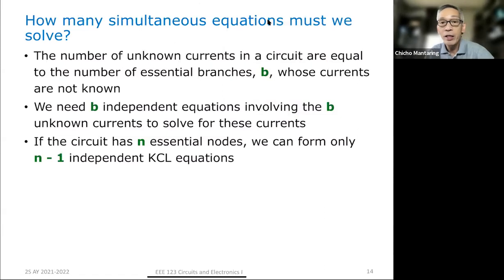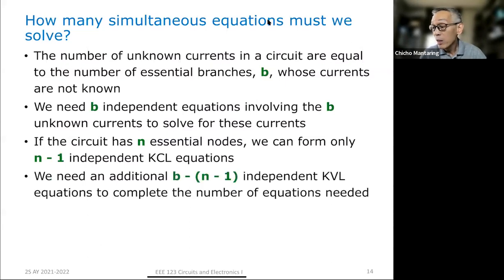So in algebra, you learned that, no? When you don't have a set of independent equations, you're going to get an infinite number of solutions. Okay, so going back to the problem, I have B unknowns. But I can only form n minus 1 KCL equations.